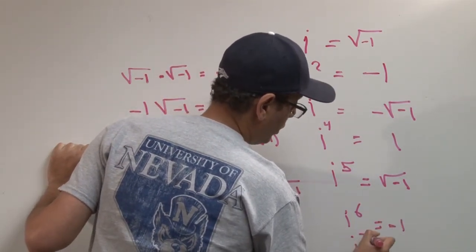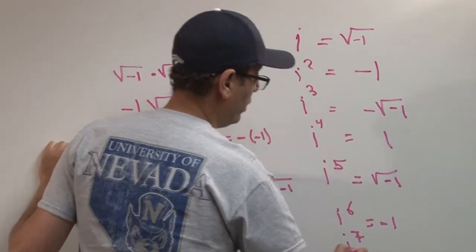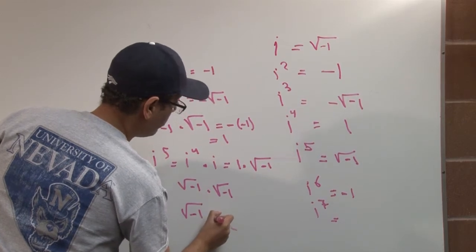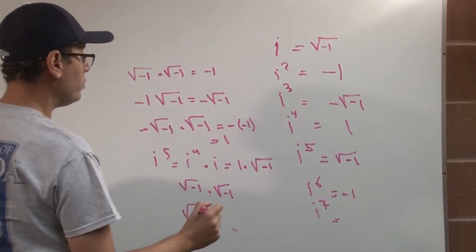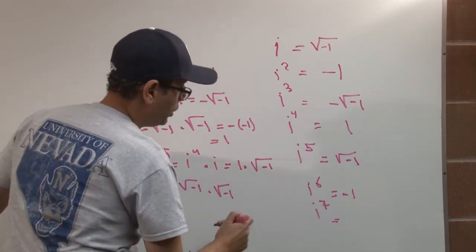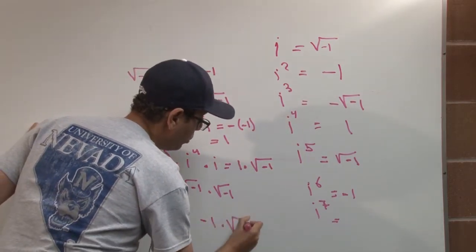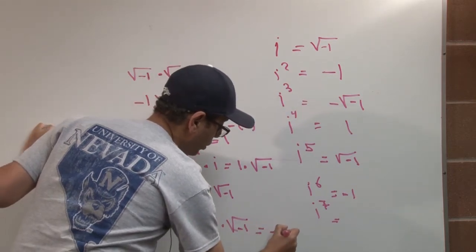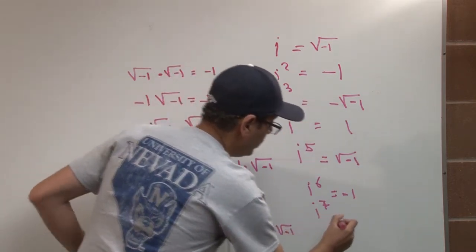i to the power of 7 is i to the 6, which is -1, times the square root of -1, which is negative square root of -1.